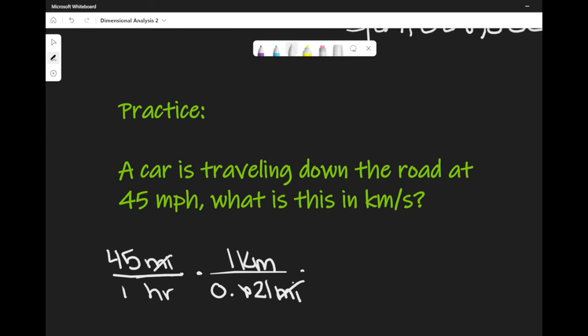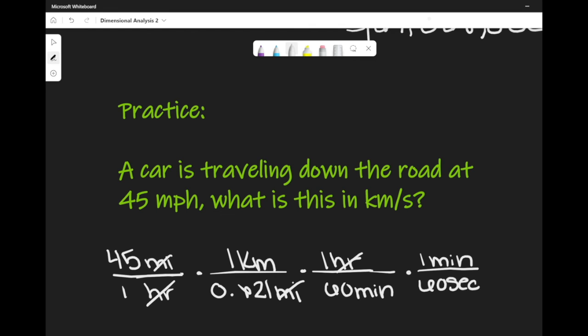Units cancel out, and I have again successfully converted my miles into kilometers, and I can stop there. Now I want to convert hours into seconds. I have 1 hour on top, 60 minutes at the bottom. My units cancel out. Notice that my hours had to go on top. 1 minute on top, and 60 seconds at the bottom.